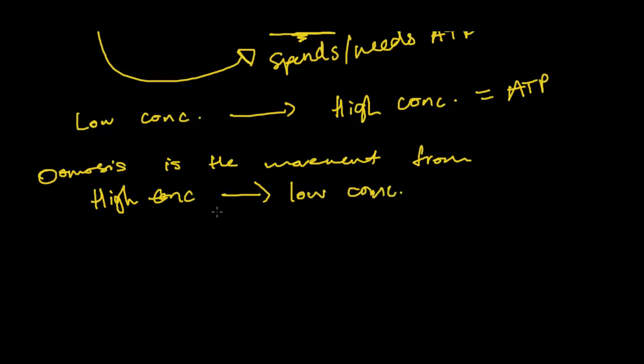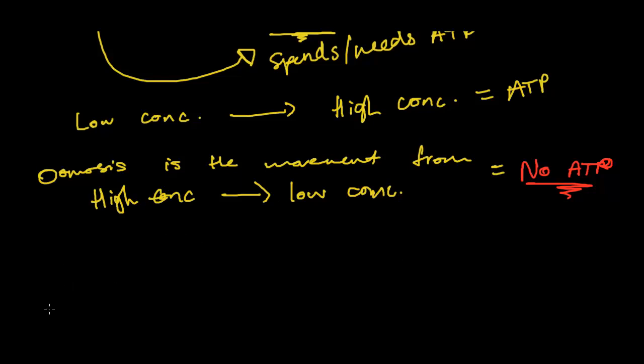The reason being, this doesn't actually need any energy. This equals no ATP. It has no need for ATP. And the main reason for this is because it's going across the concentration gradient.